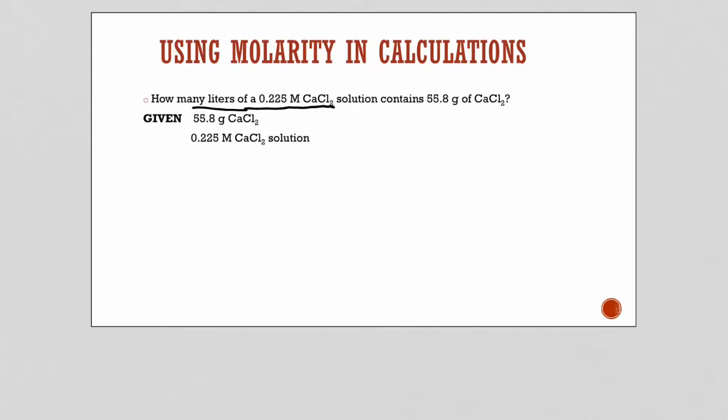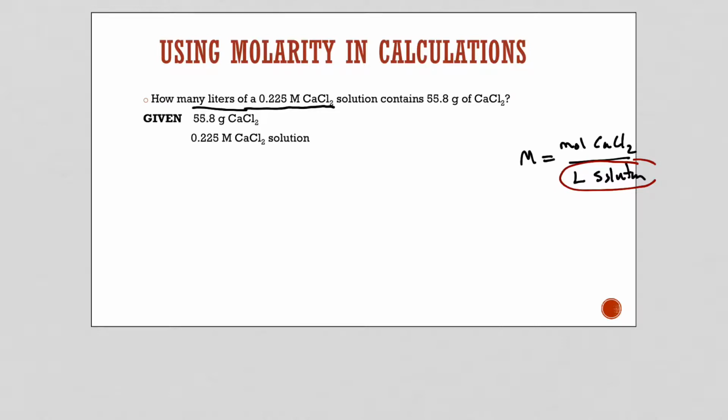So if we think about our basic definition, molarity is going to equal moles of, in this case, calcium chloride over liters of solution. What are we trying to find? Well, we're trying to find the volume of solution, or the liters of solution. So we're going to use the molarity and the moles to calculate liters.